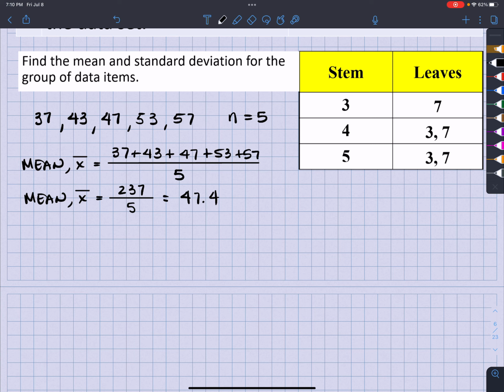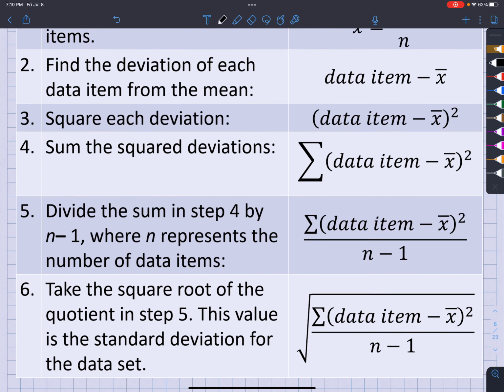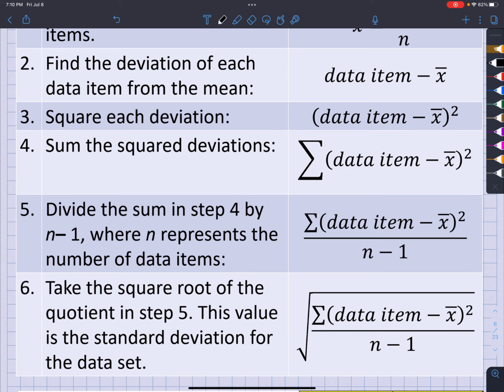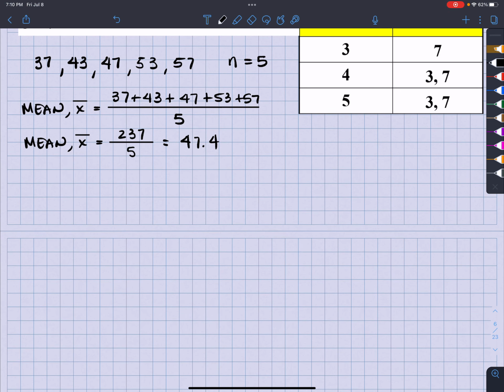Here is my suggestion to you. For step 2 and 3, I would tell you to make a table. So let's make a table.